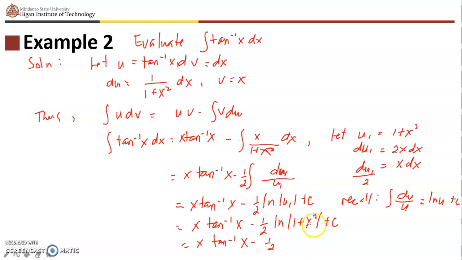We can get rid of the absolute value, and that would be the integral of tangent inverse of x dx. That's your answer here. Okay?